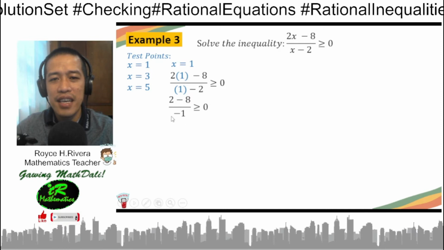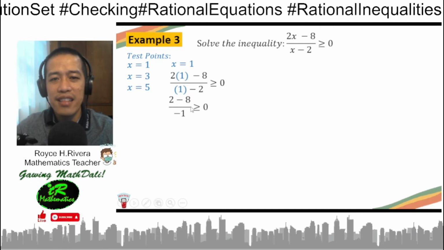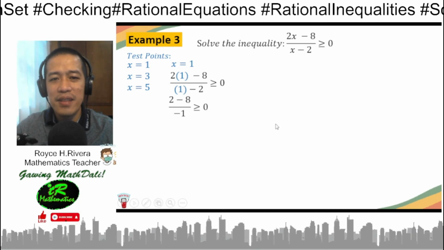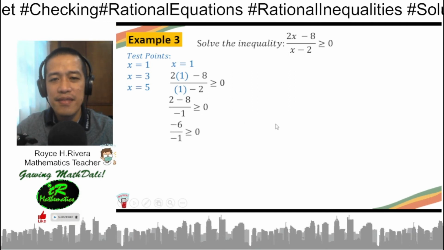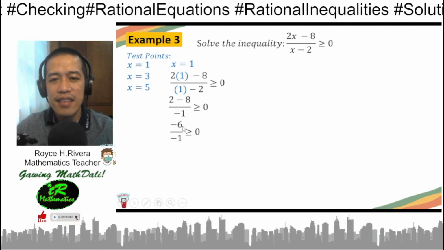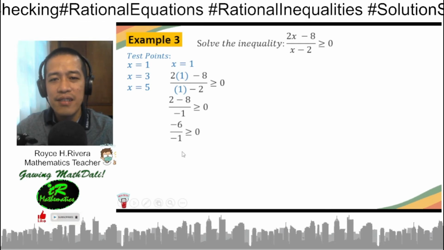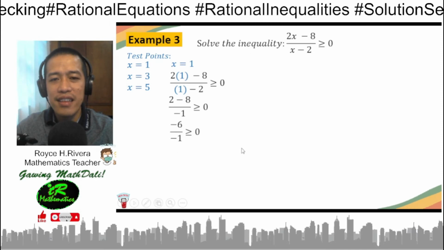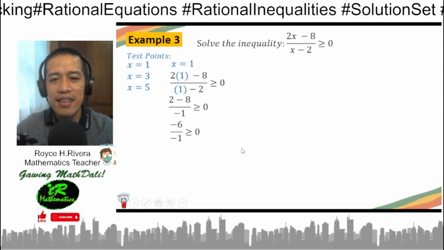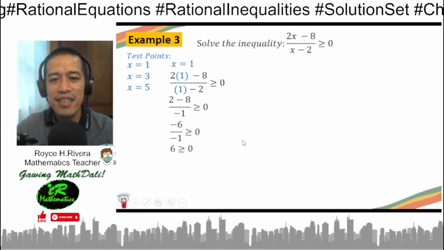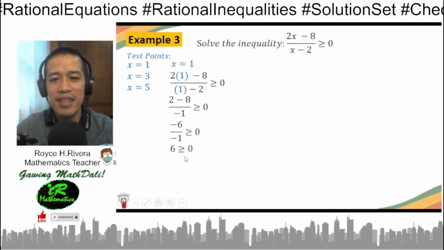Then, we get 2 minus 8 all over negative 1 greater than or equal to 0. Next, we will have negative 6 over negative 1 greater than or equal to 0. Then, we will get the ratio of 6 greater than or equal to 0.